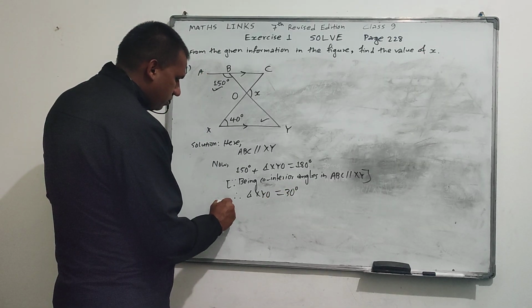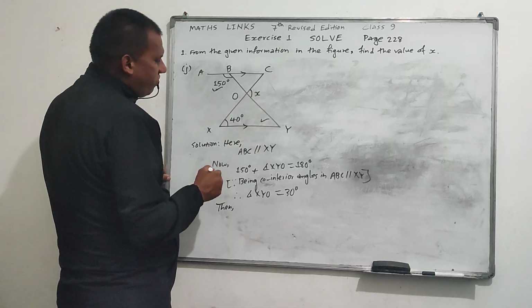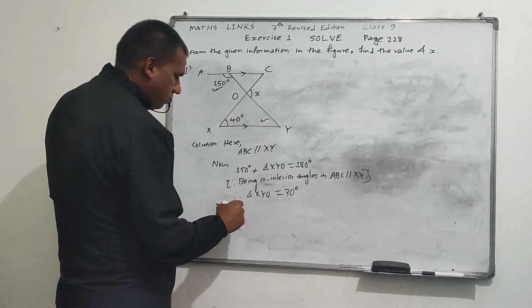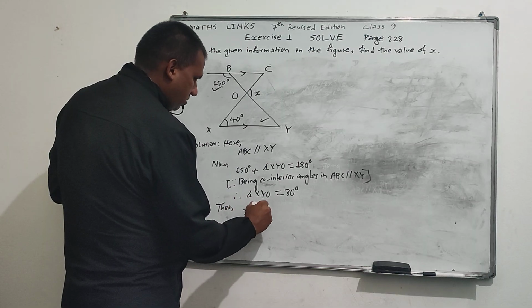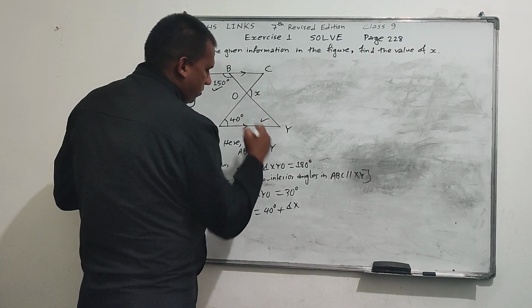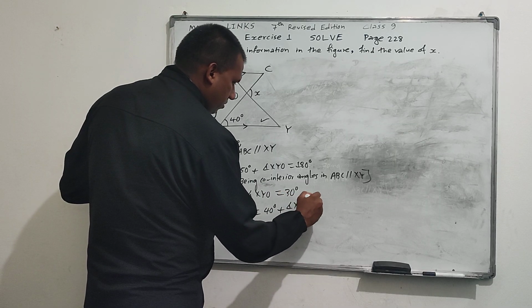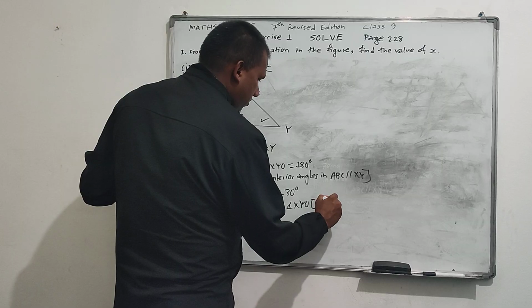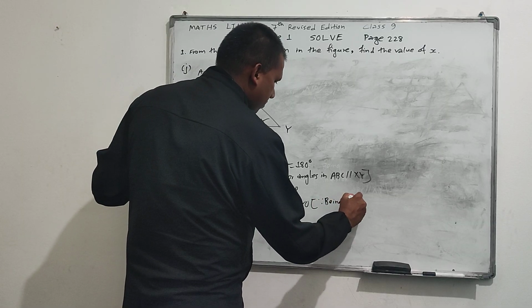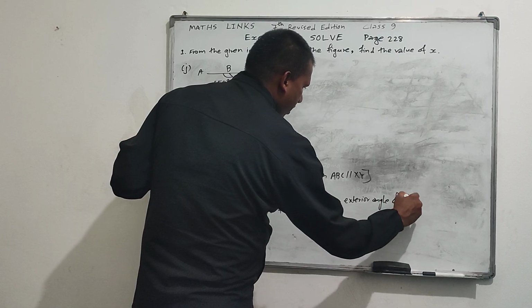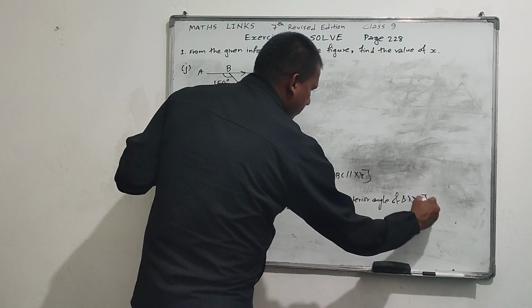Then x is the exterior angle for triangle XYO. So we can write x equals 40 degrees plus angle XYO, being the exterior angle of triangle XYO.